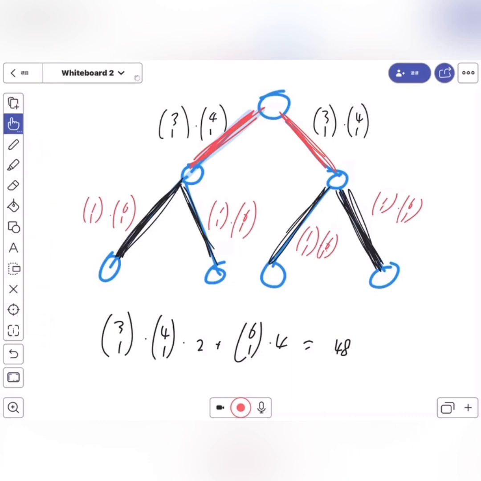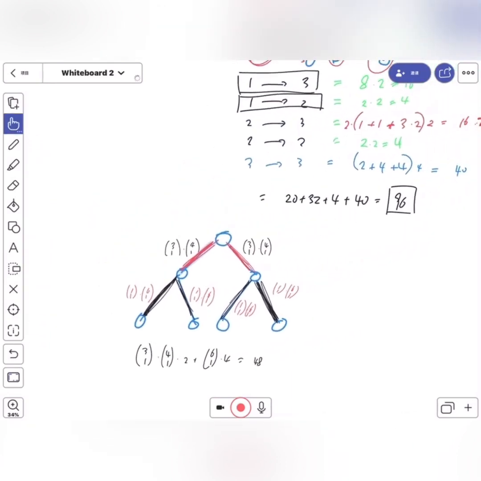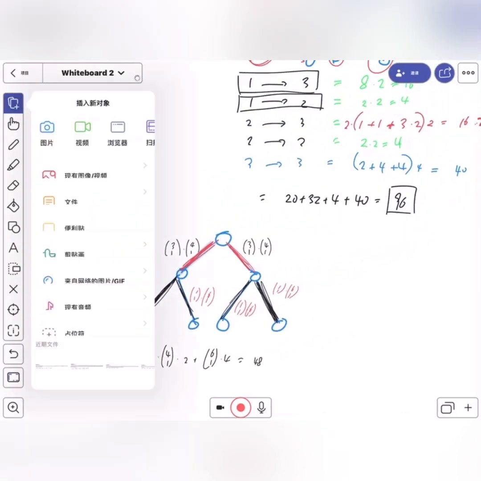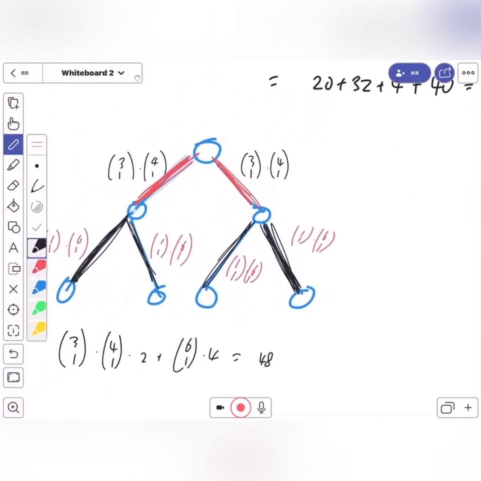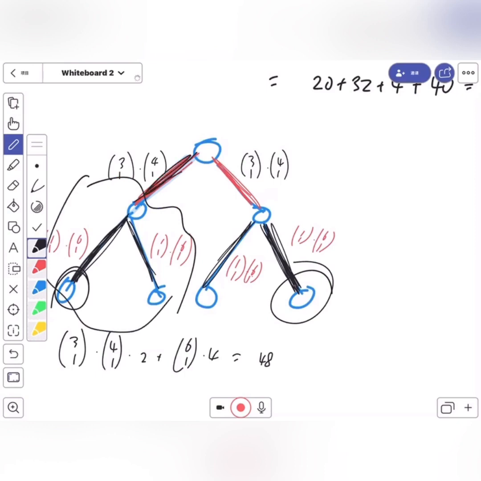But you might be asking, well, where did the factor of 2 go? If you think about that, basically we choose one from this pile and one from this pile, assuming it's just this route right here.